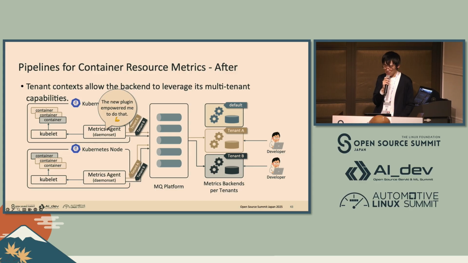To address this problem, we implemented an extension to the agent that enables it to identify tenants. With this enhancement, we can keep the tenant context and leverage the backend's multi-tenancy features to distribute the load to each tenant.